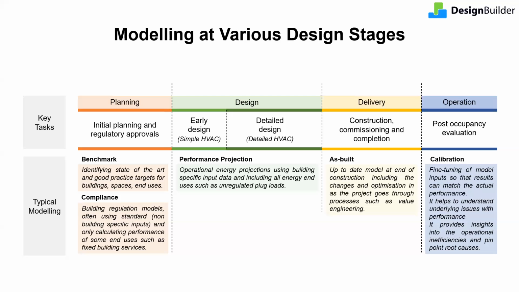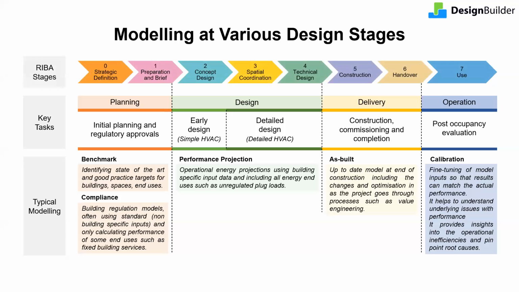The role of modeling necessarily does not stop when the building is occupied. Calibrated models can be used to help understand underlying performance issues and give insights into operational inefficiencies along with pinpointing their root causes. This is especially useful during the initial years of operation when building and systems are fine-tuned.